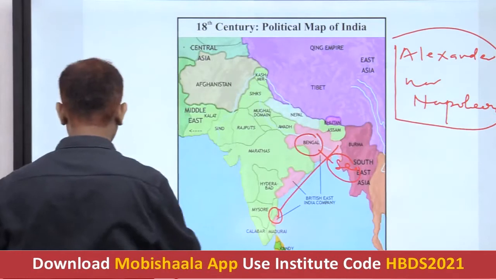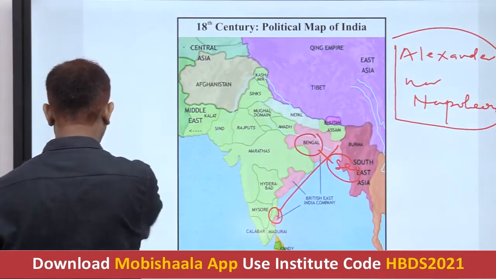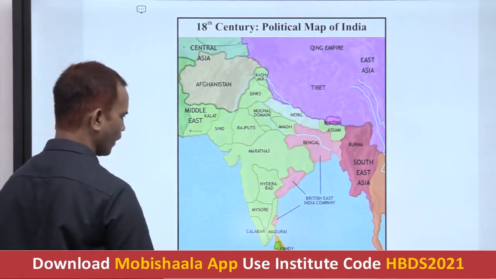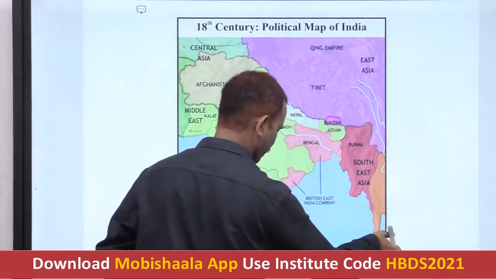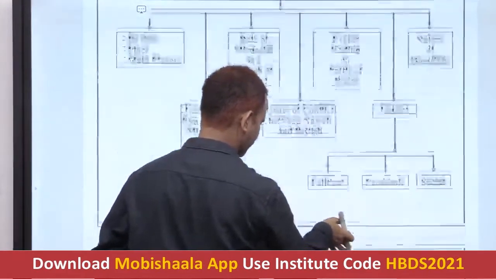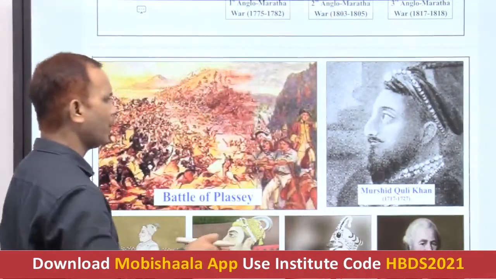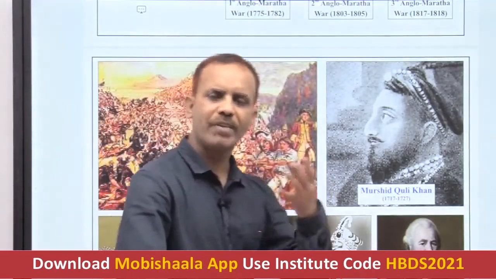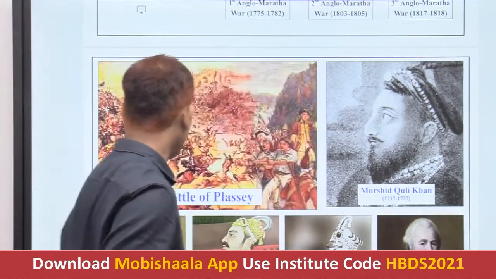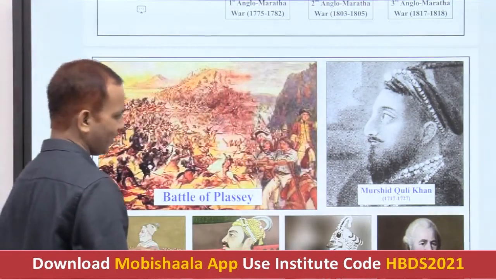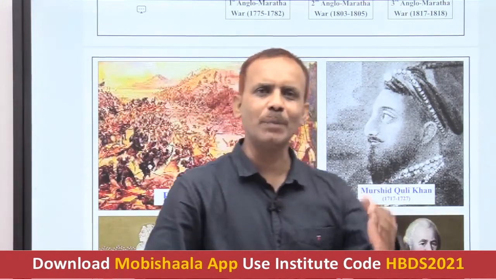See, let us see some prominent political figures of Bengal who were related to the Battle of Plassey.